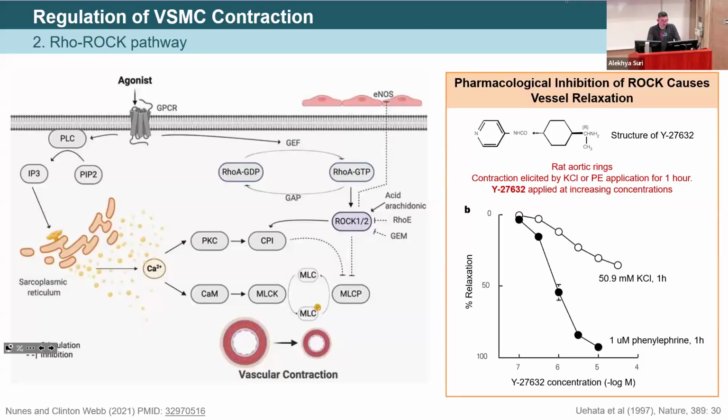It has to do with calcium, yes. But more so than with calcium by itself, it has to do with the source of calcium, right? Because in the phenylephrine constricted rings, what phenylephrine is doing is activating this side of the pathway, right? So the calcium that contracts the cell is coming from the sarcoplasmic reticulum. And inhibiting Rho kinase counteracts all of that. But if you depolarize the cell, only part of that calcium is coming from the sarcoplasmic reticulum.